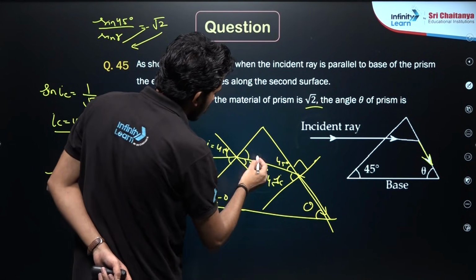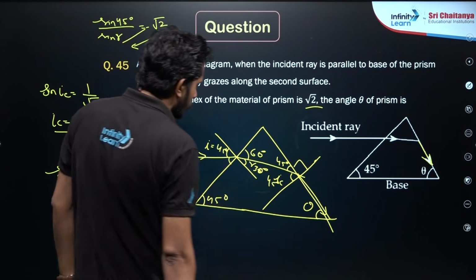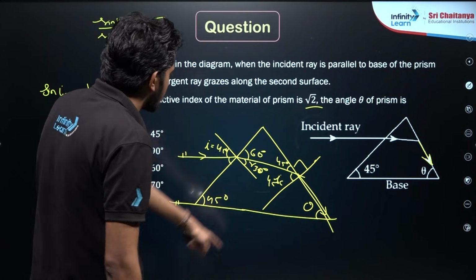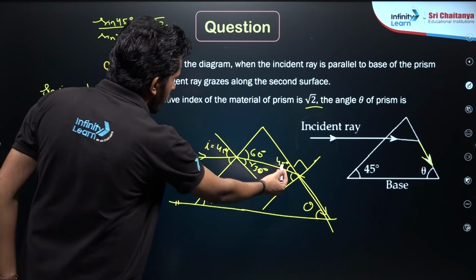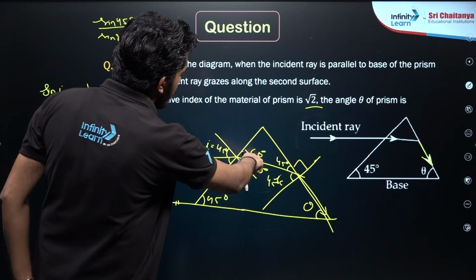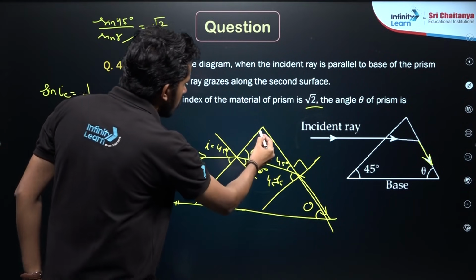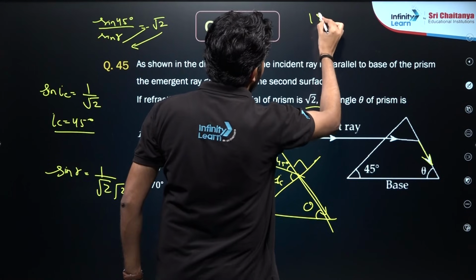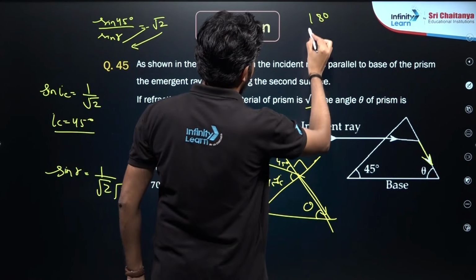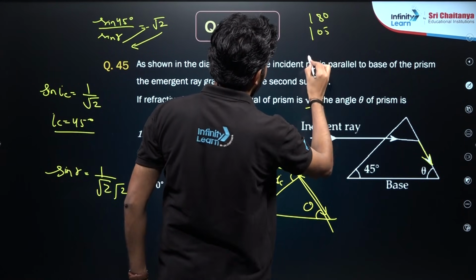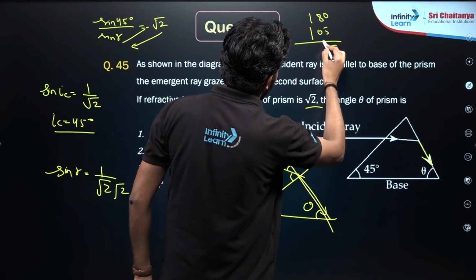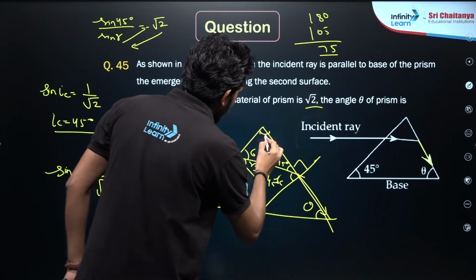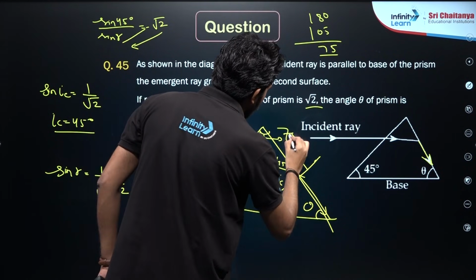30 degree, then this is what? This is 60. Okay. Now if this is 60, this is 45, so total 105, right? So this angle would be what? 180 minus 105, so 75. So this angle is 75.